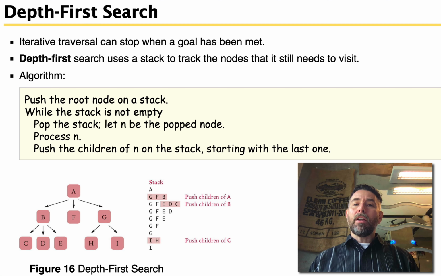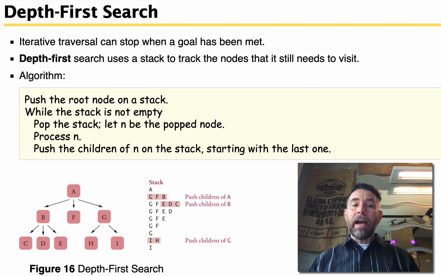We can stop this process by using a stack to keep track of the nodes that remain to be visited. Our goal is to traverse through our tree, but stop when we've met some goal. Maybe we've found data that we're looking for, or we've added up a count to a certain amount. Whatever our visitor class needs to do, we can keep track of that as our goal. So depth-first search uses a stack to track all the nodes that it still needs to visit.